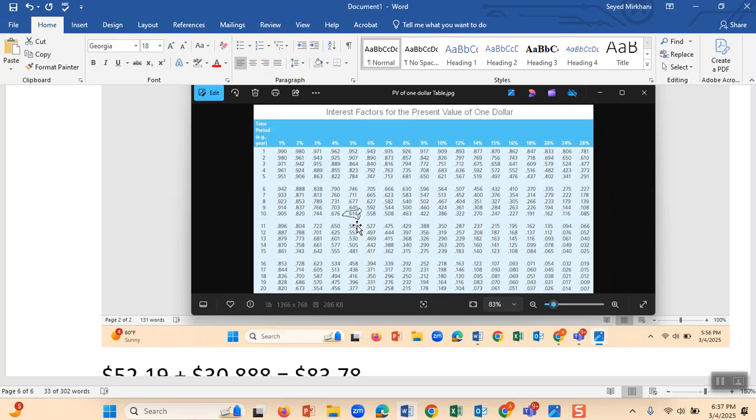Therefore, regarding $85, if someone is giving me $85 10 years from now, how much should I give that person for that $85? When we do the calculation, we multiply 85 by this 0.614, and let's say 8 times 6 is $50. Therefore, we are getting two components from this preferred stock.